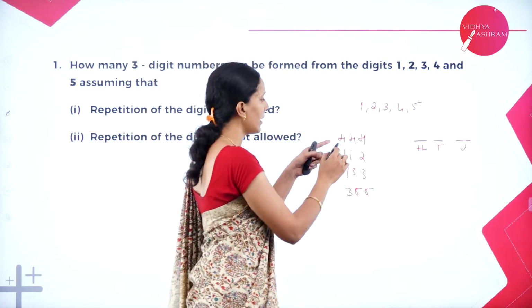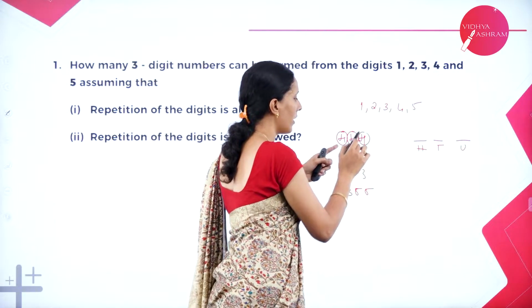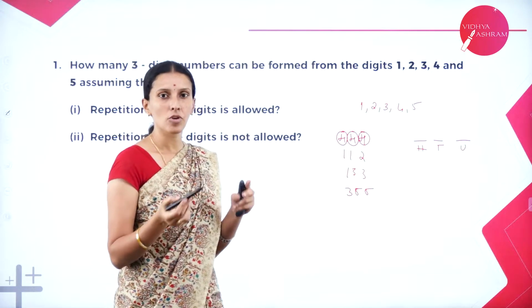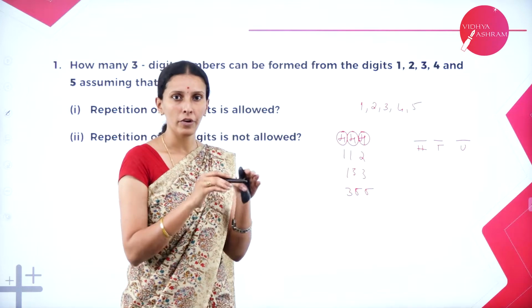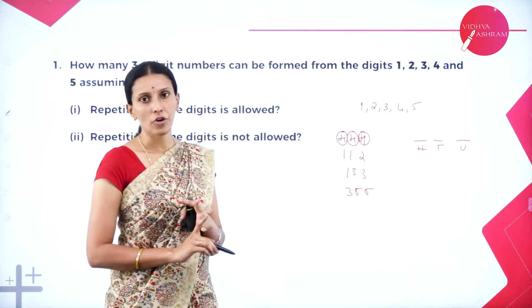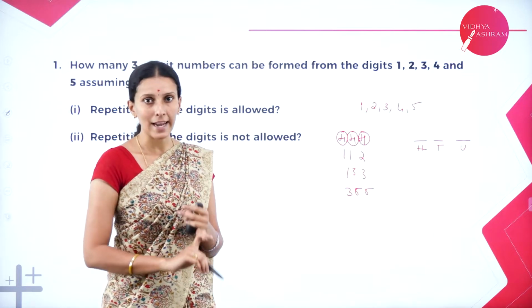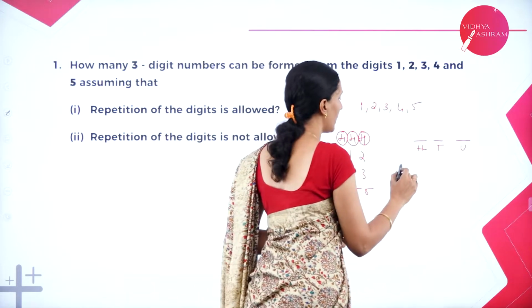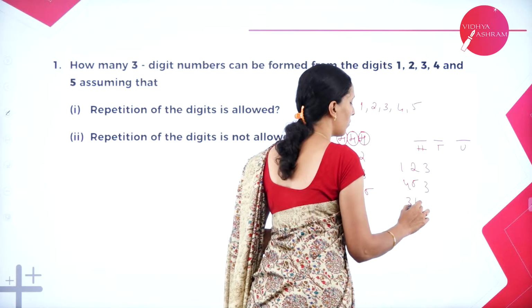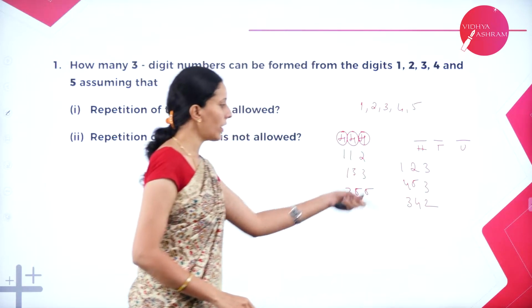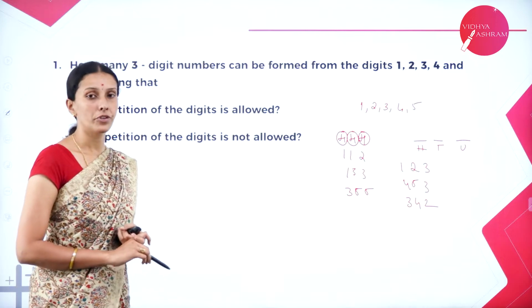Here you can see the digits are repeated in units place, tens place or hundreds place. So this is with repetition of digits. Without repetition of digits means we are supposed to calculate the digits which are not repeating. For example, 1, 2, 3, or 4, 5, 3, or 3, 4, 2, like this. You can see the digits are not repeating here.